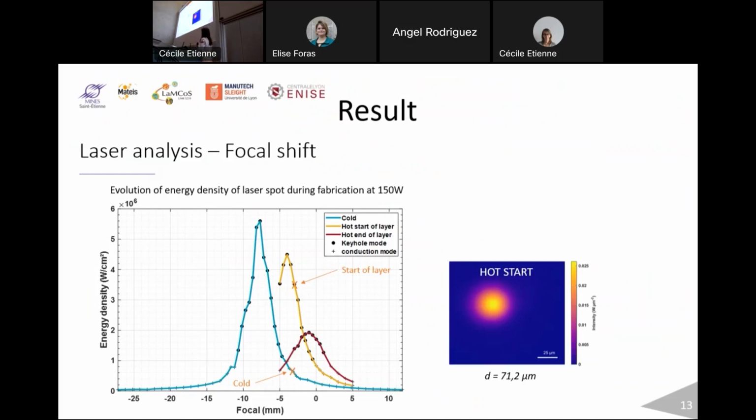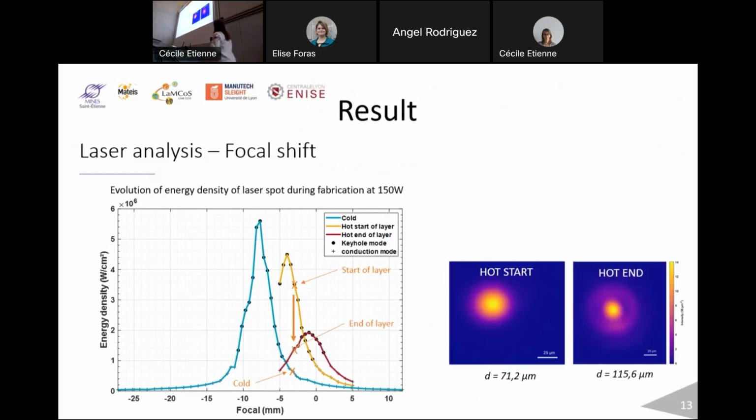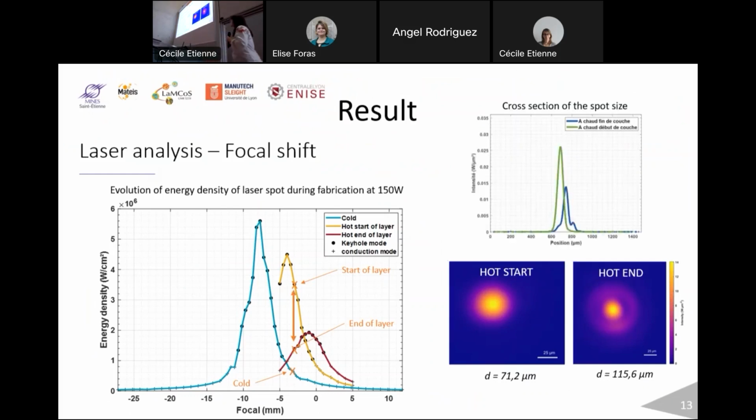This is good for LPBF. But at the end of the layer, you have this kind of laser beam, about 100 micrometers, more spread, and with a completely different energy repartition. And you have to know that during the construction, we will have a balance between these two laser spots.